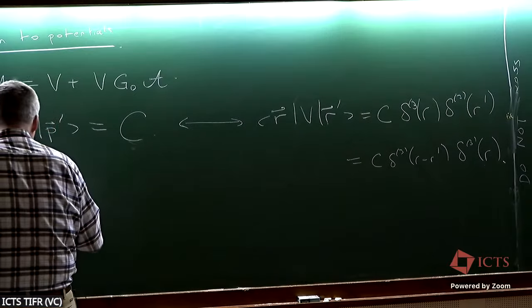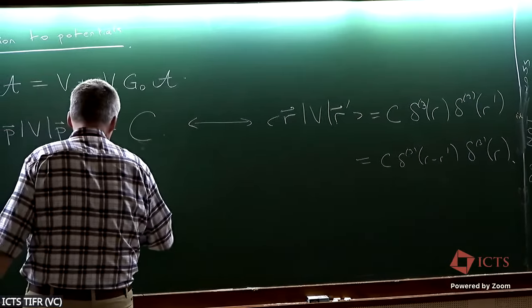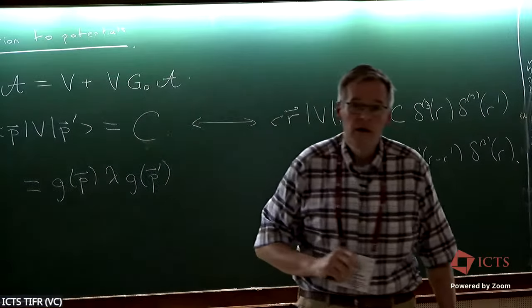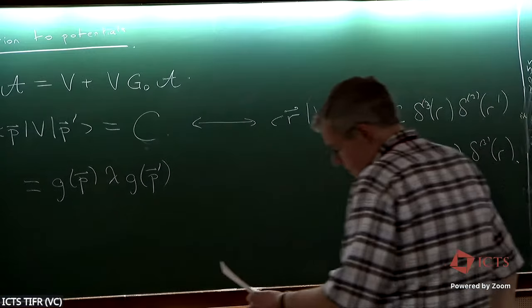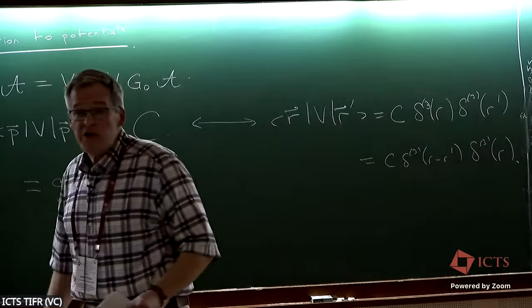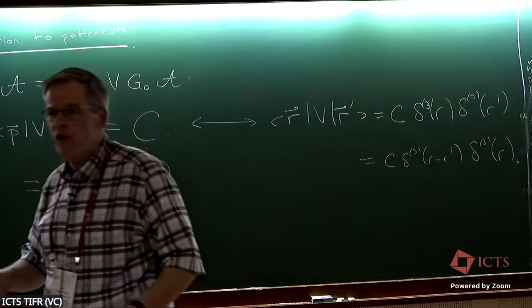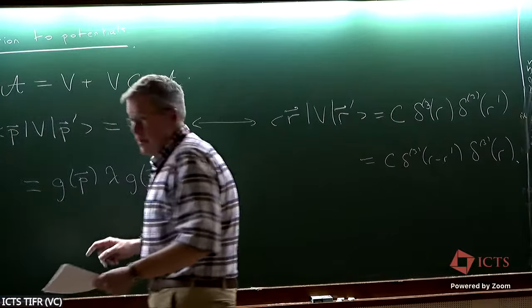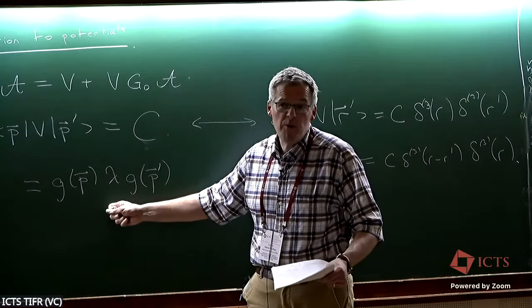The general form of a separable potential is some function of P times some strength times the function of P prime. This one is very simple because the functions are 1. There was a lot of interest in separable potentials in the 60s and 70s because they made three-body and four-body problems computationally tractable. You can think of this as the first term in a finite rank approximation to the potential.